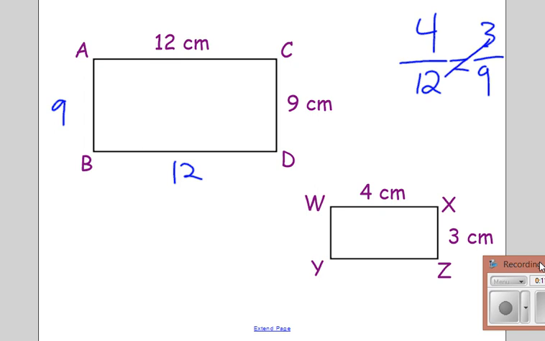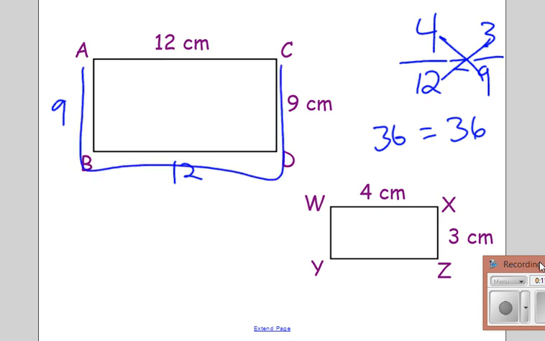So it's 3 times 12, that equals 36. Is that equal to 4 times 9, which also equals 36? And we would say yes, which means that ABDC, I got to read them in the right order, ABDC is proportionate to WYZX.